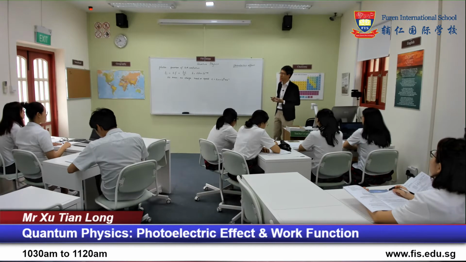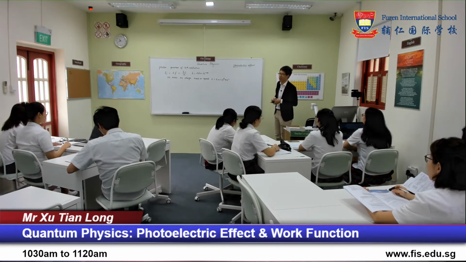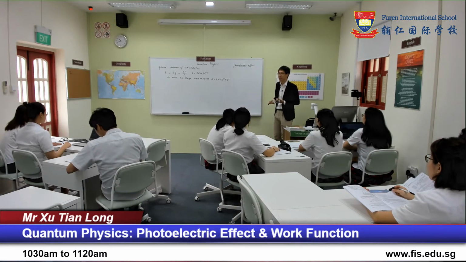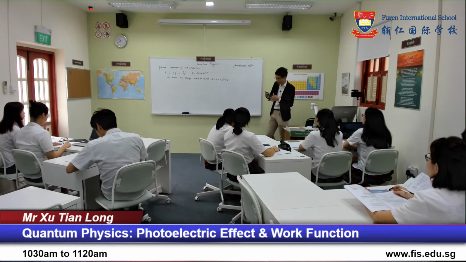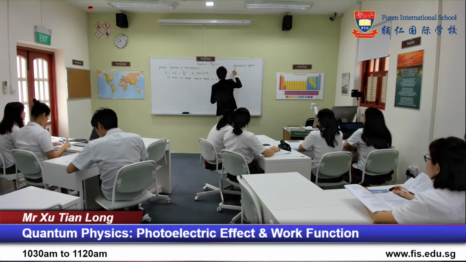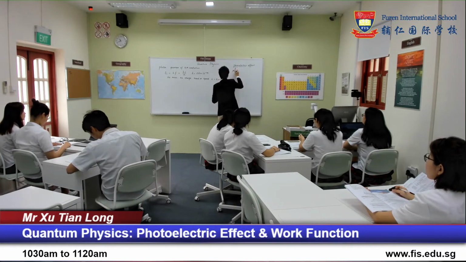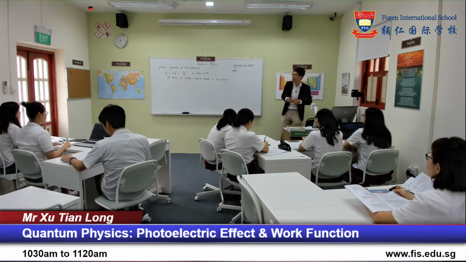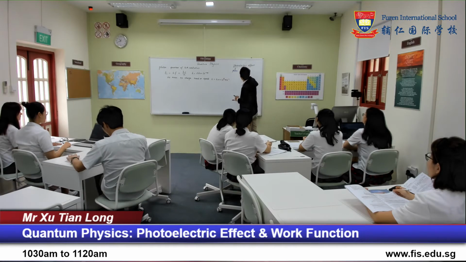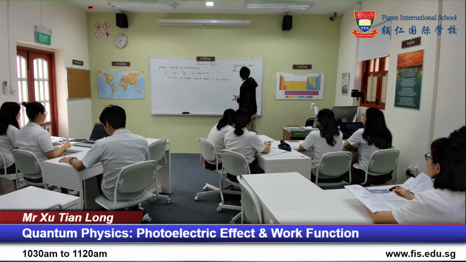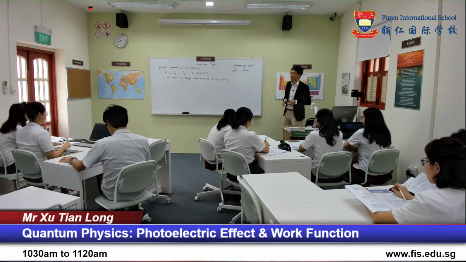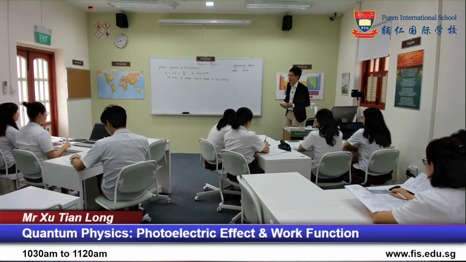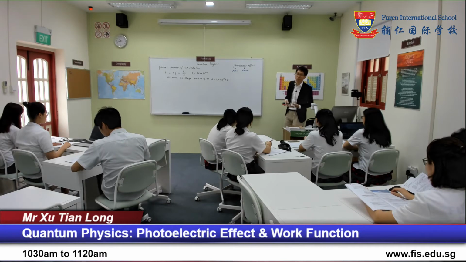So what does photo mean? Come from word photon, or it's about light. Then the electric comes from the word electron. So we know that this photoelectric effect talks about the interaction between photons and electrons.